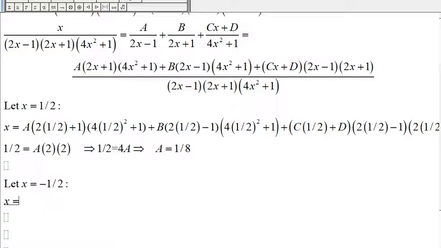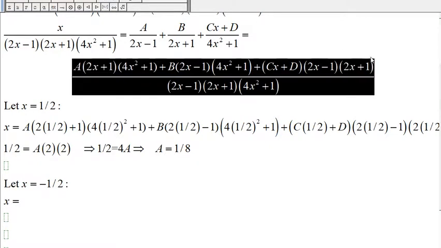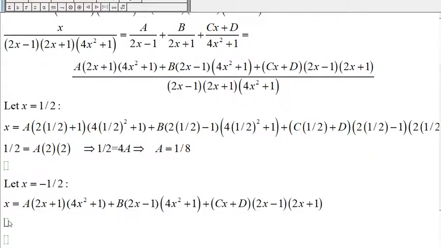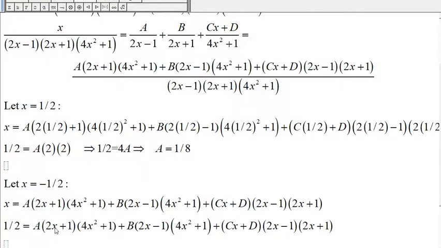So we have x equal to that, so we get negative 1/2.